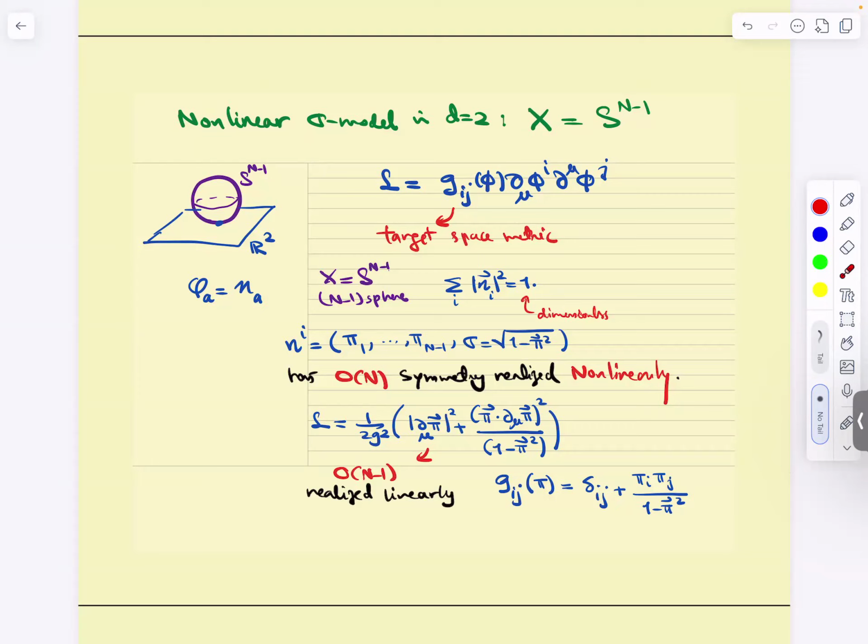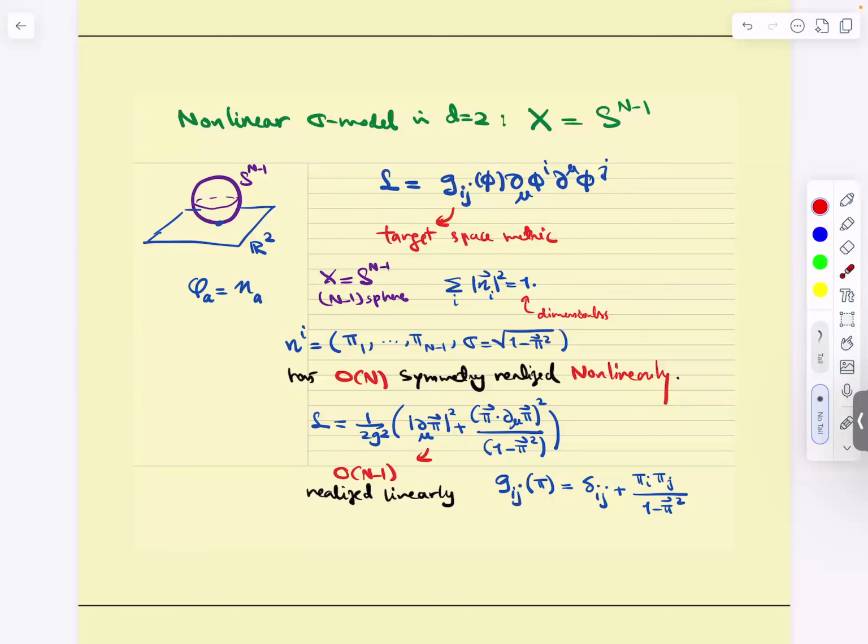Here's something important to know. Every time you have such situations in the nonlinear sigma model, well, the field phi is, depending on your dimensionality, might or might not be dimensionful. In this case, what is the dimensionality of the field phi? It is 0, right?